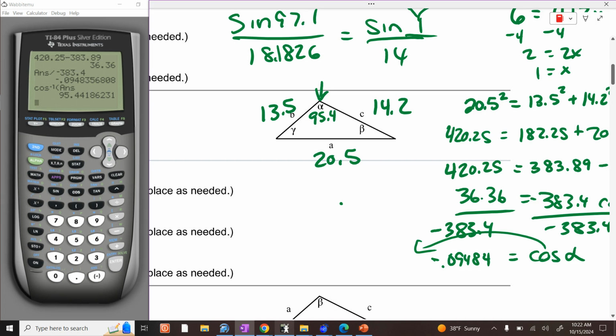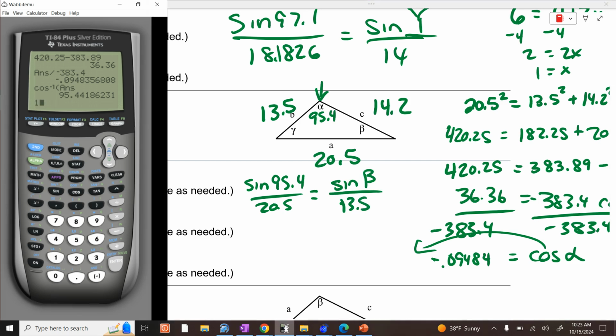And now, look at what we have. We have opposites here. And if we have opposites, then we can use law of sines. The sine of 95.4 over its opposite side, 20.5, equals, if I want to find beta next, the sine of beta over 13.5.